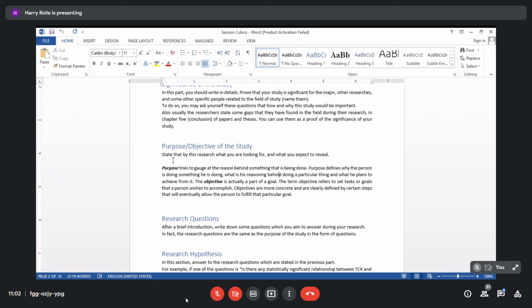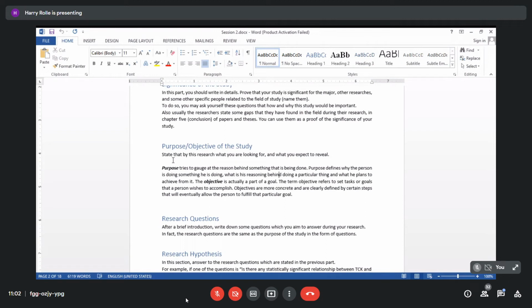What is his reasoning behind doing a particular thing and what he plans to achieve from it. The objective is actually a part of a goal. The term objective refers to the set of tasks or goals that a person wishes to accomplish. Objectives are more concrete and are clearly defined by certain steps that will eventually allow the person to fulfill the particular goal. So, yun yung difference natin.